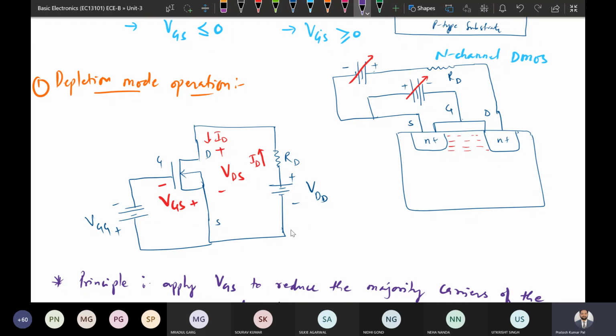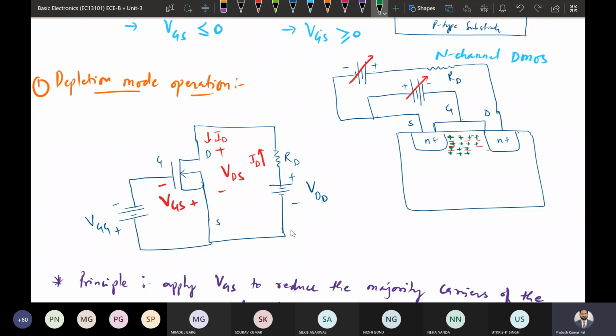So some positive charges will be created, and this charge creation will be such that on the source side we will have a larger positive charge creation with respect to the drain side, because the drain side is already positively connected.